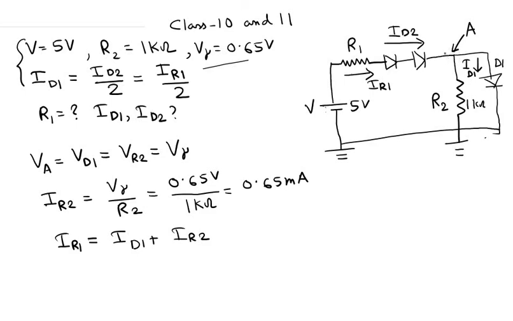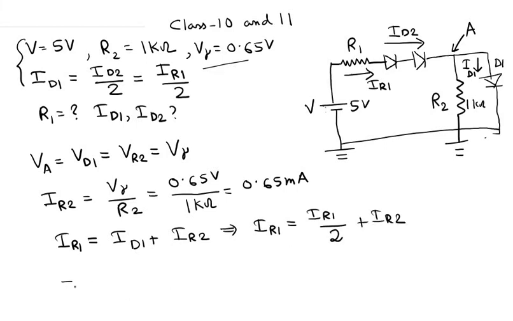ID1 is equal to IR1 divided by 2, which is given in the equation, so we make this replacement: IR1 equals IR1 divided by 2 plus IR2.